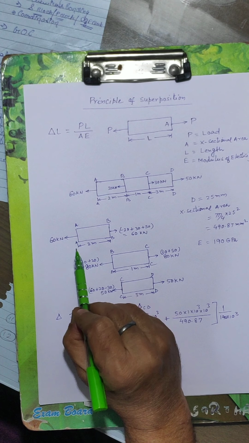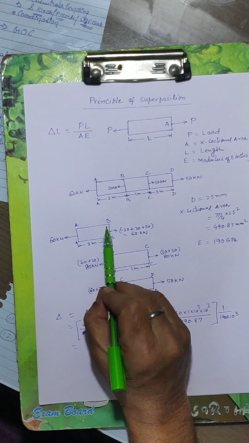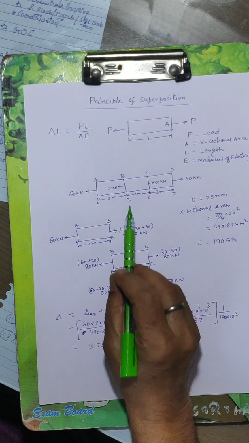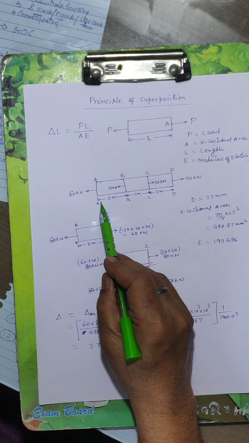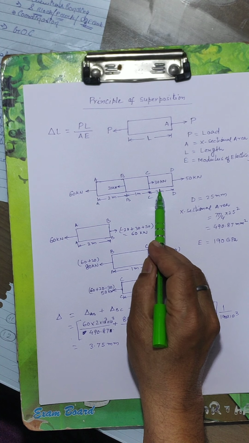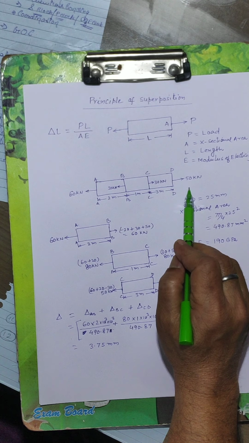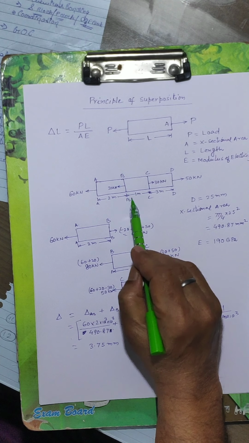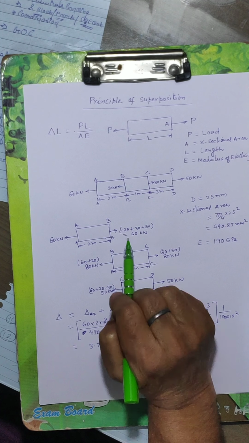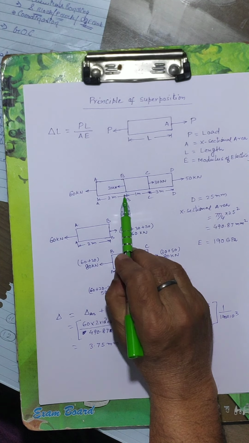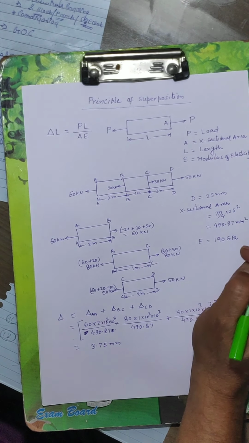At section AA, 60 kilonewton is acting at left side. At section BB, 20 kilonewton is acting in left side, 30 kilonewton is acting in right side, and 50 kilonewton is acting in right side. Section BB, when we calculate the total algebraic sum of load, then we take all the right side forces, algebraic sum of all the right side forces.